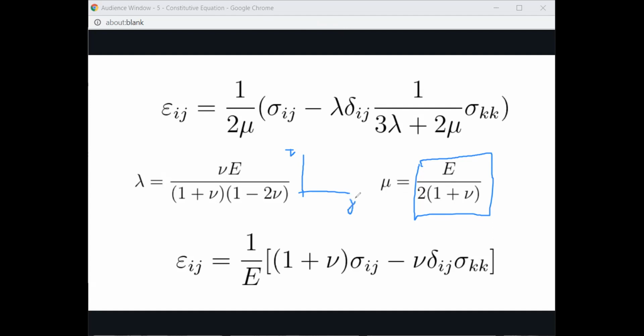Or the engineering shear strain. The slope is G. Okay, so equal ito dito sa Lame coefficient mu. And now, if you substitute all of these things to this one, then we get this equation.